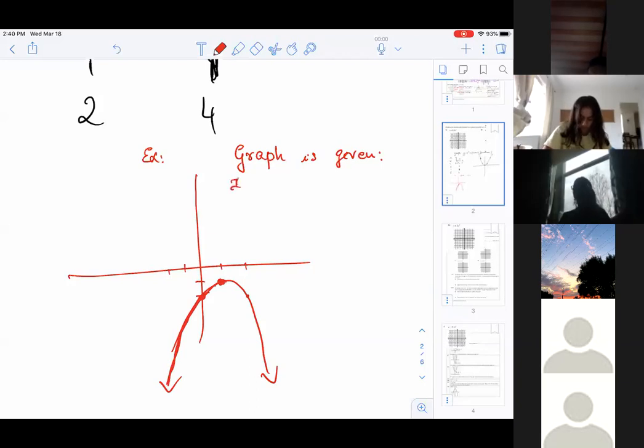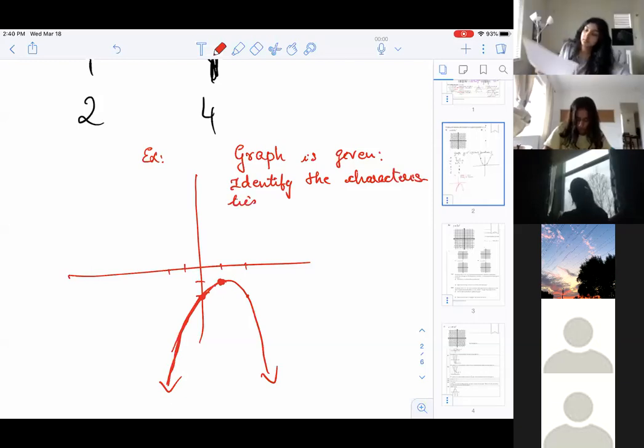Identify the characteristics of the quadratic function.